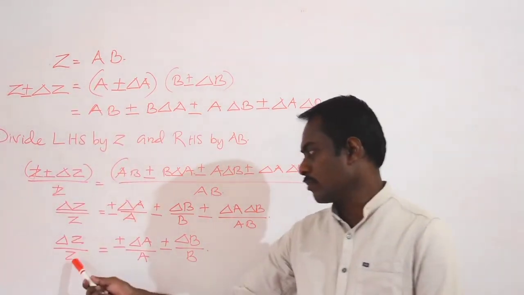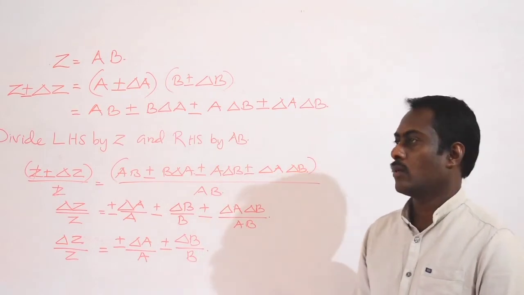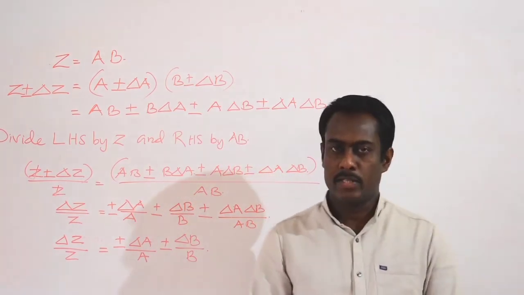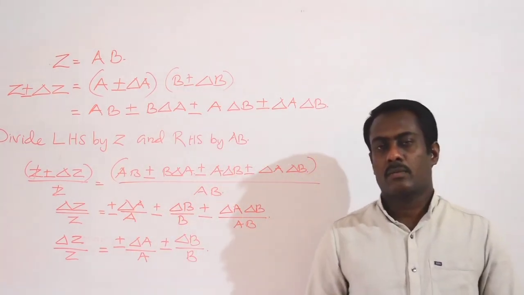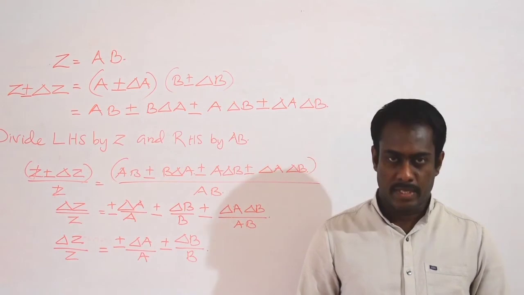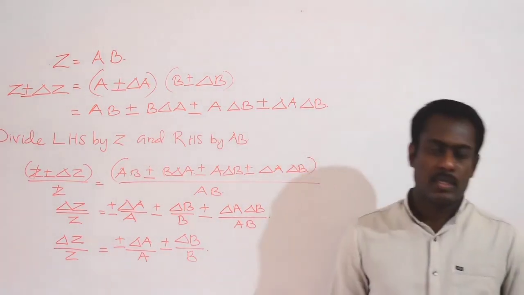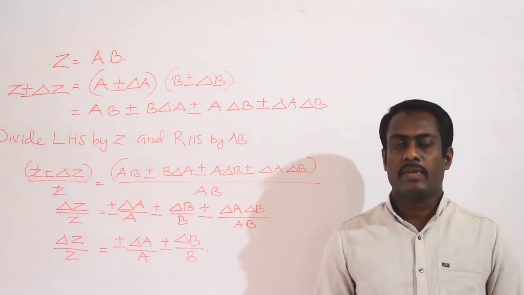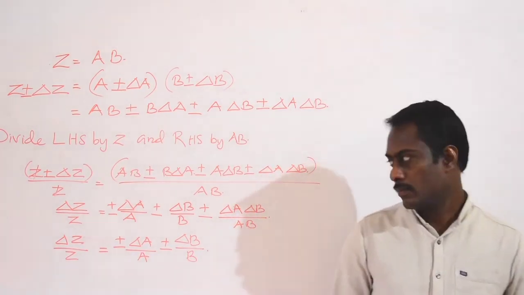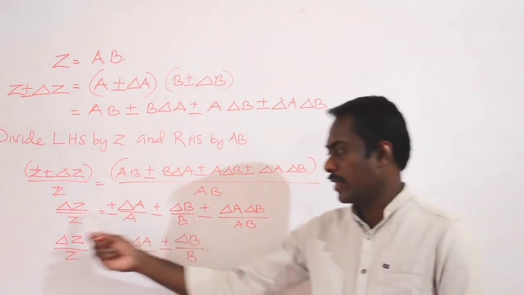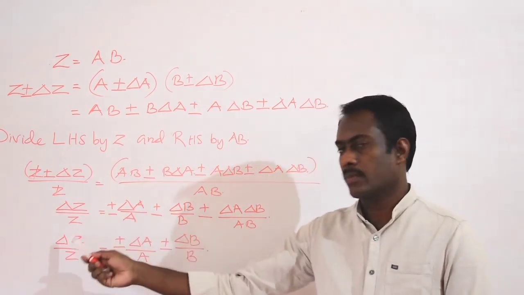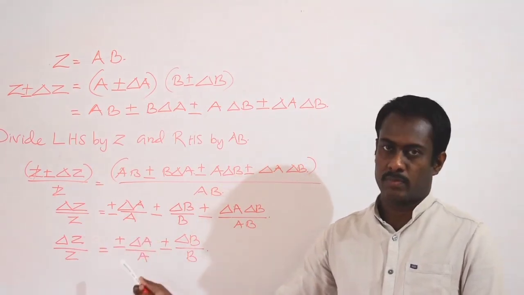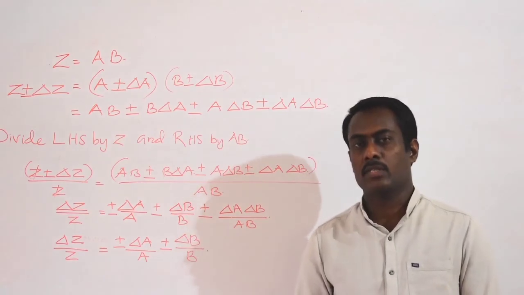This is the maximum relative error of the measurement of these two physical quantities A and B. When two quantities are multiplied or divided, the relative error in the result is the sum of the relative errors in the multipliers. In the same way we can prove this for the relative error in the quotient, and that is your home assignment.